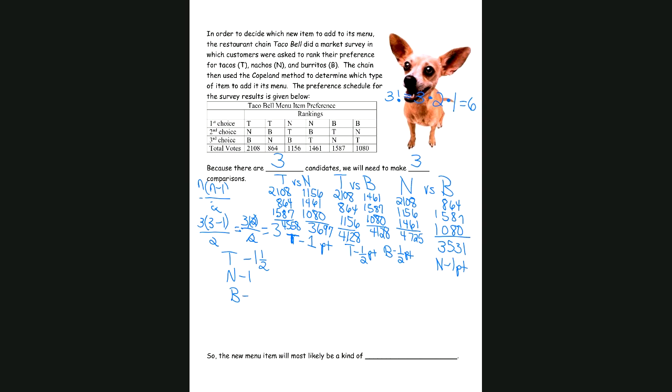And burritos gets just 0.5 point. So which one is the winner in this case? Tacos, right? Tacos has the most points. So using Copeland's method, we say tacos is the winner, so the new menu item will most likely be a kind of taco. So tacos is the winner.